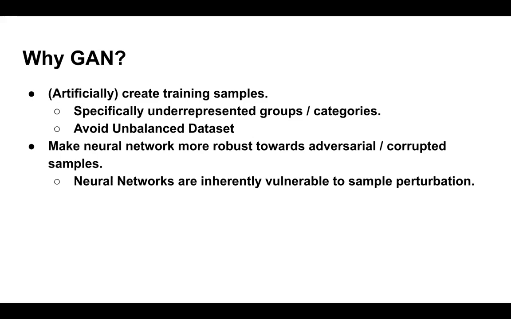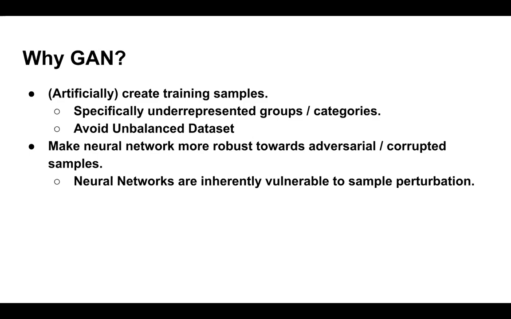The other use is to make neural networks more robust towards the corruption that I described just now. I've just shown you how powerful a perturbation on an input image can be, even though the perturbation is very small.